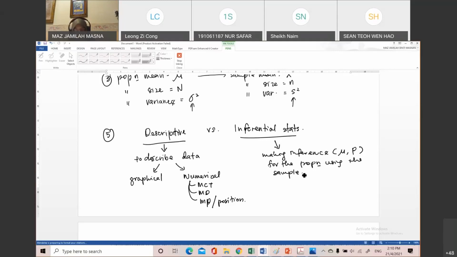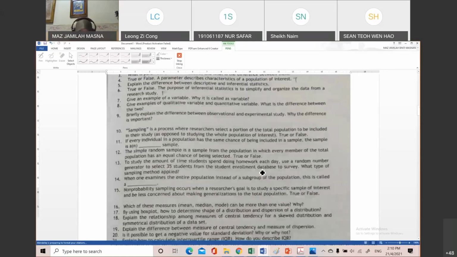But inferential statistics is where you use the data set and do some analysis with a selected method, to make conclusions for your population using the sample. So that would be the difference between descriptive and inferential.